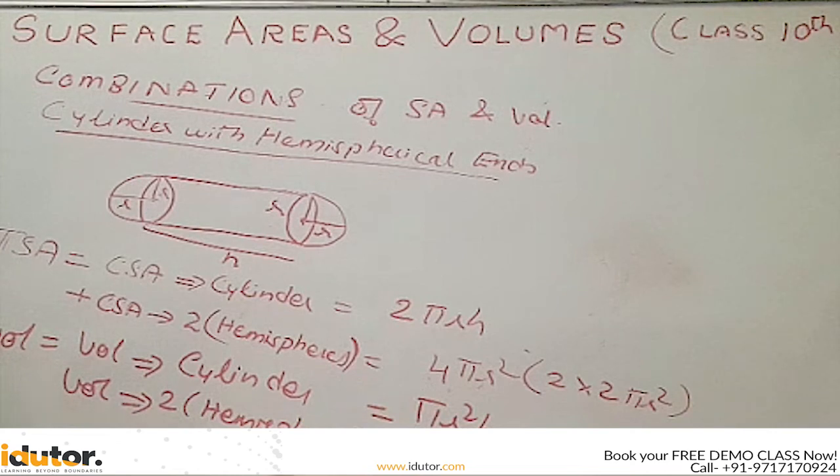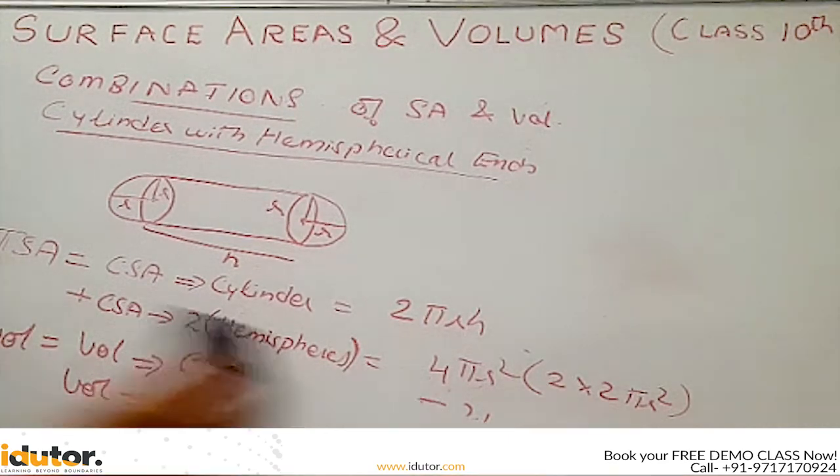And we have two hemispheres: 2 multiplied by 2 by 3 pi r cube. So we have to find out these two values and add them together so as to get the total volume of this particular figure. Okay, is it clear to all of you? Right, so let us move to the next topic now.